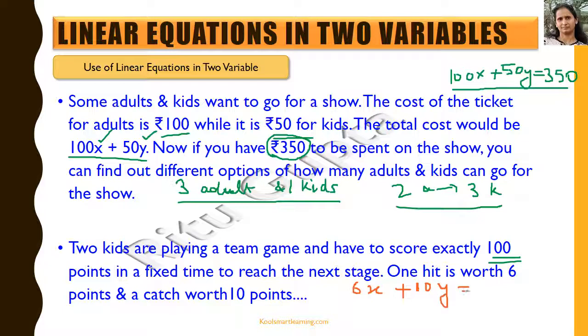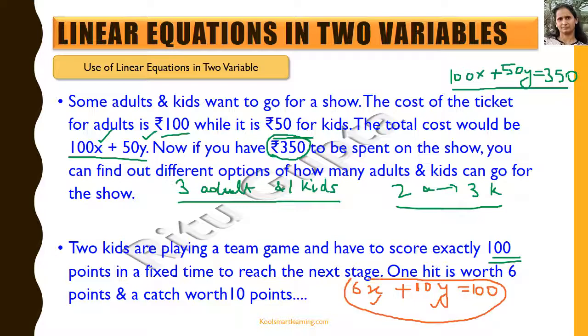So the number of hits and the number of catches is what you have to find out. Now you can plan: if one of the two kids is good at hitting and the other is good at catching, you can decide who is to play how much and for what amount of time, so that we can score exactly 100 points and reach the next stage of the game.